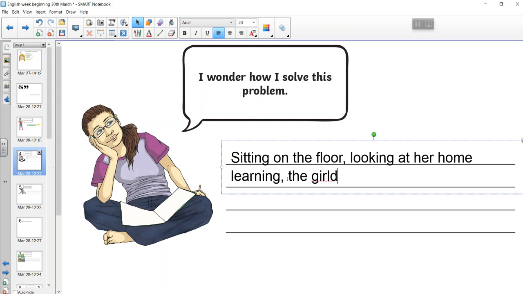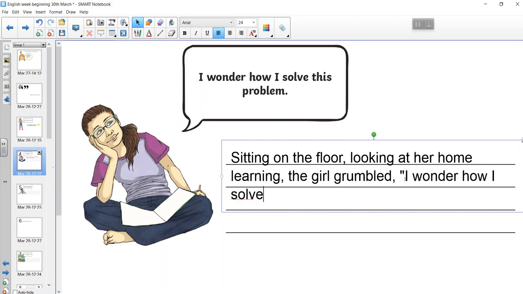The girl grumbled. And there's my important verb, grumbled. The girl grumbled. And now I need to open my inverted commas. "I wonder how I solve this problem." And that's the sentence that she's saying.